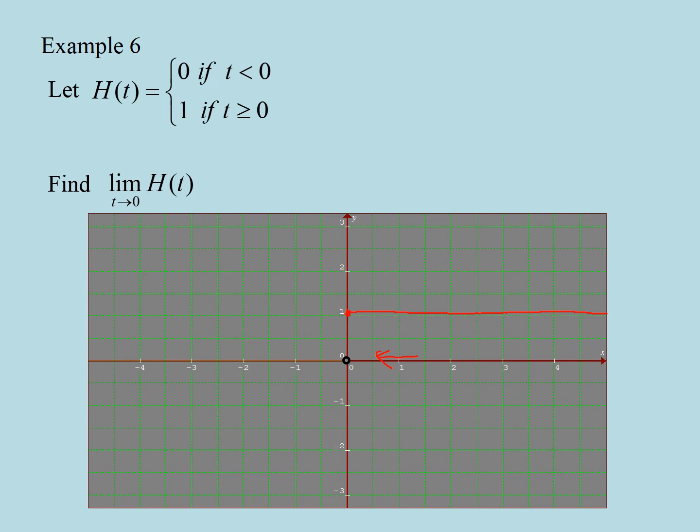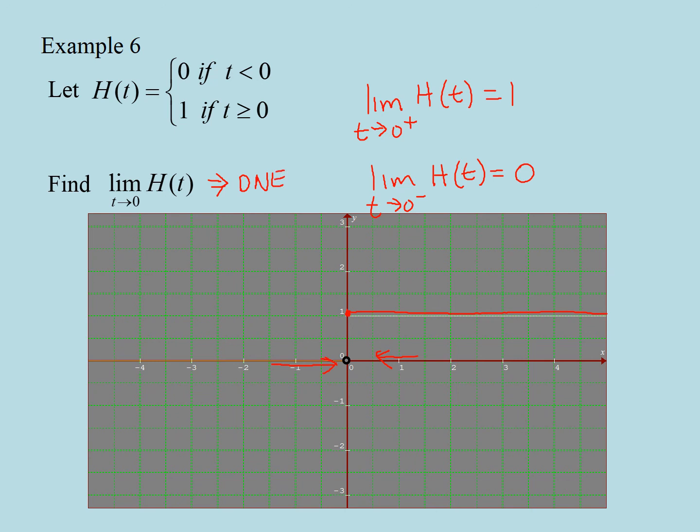It appears we're approaching 1. But the limit of this function as t approaches 0 from the left, it appears that the y values are approaching 0. So our conclusion would be this limit does not exist.